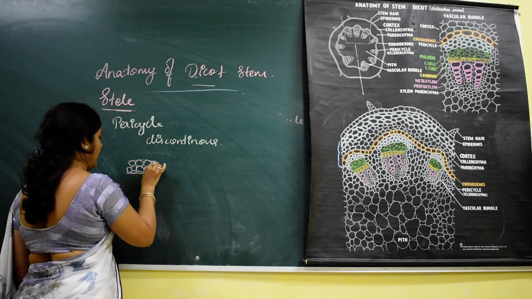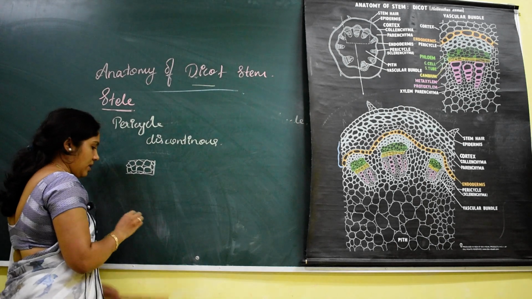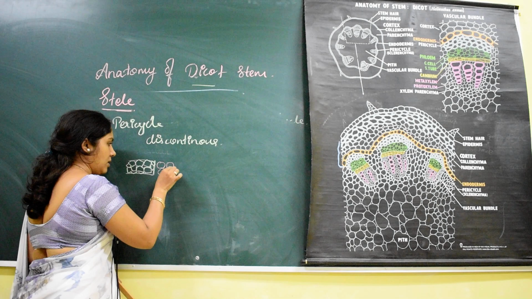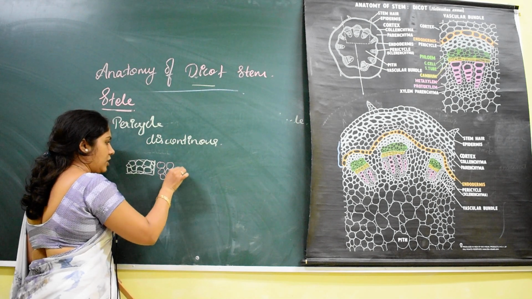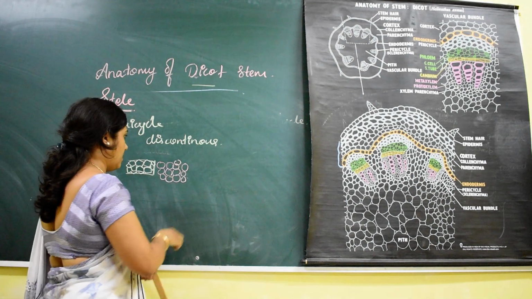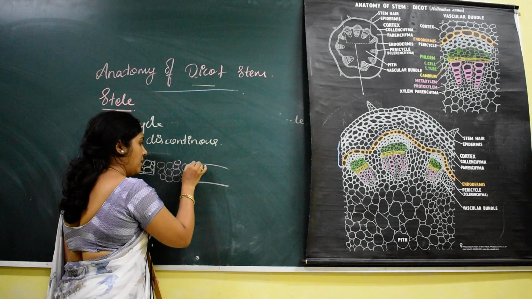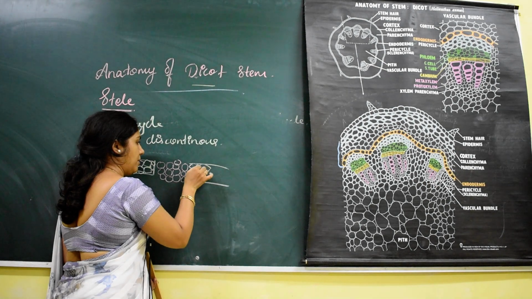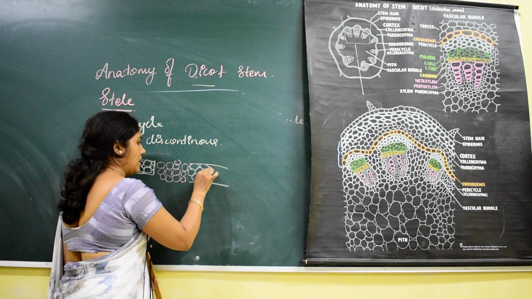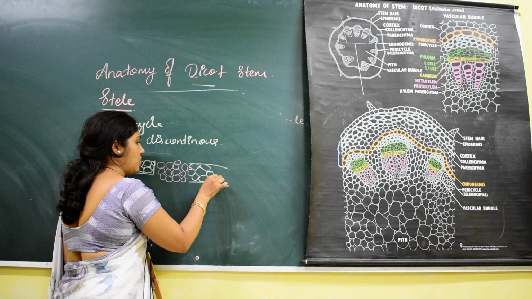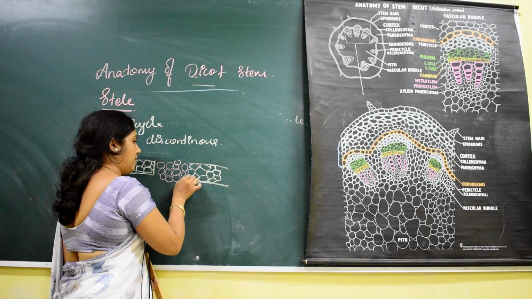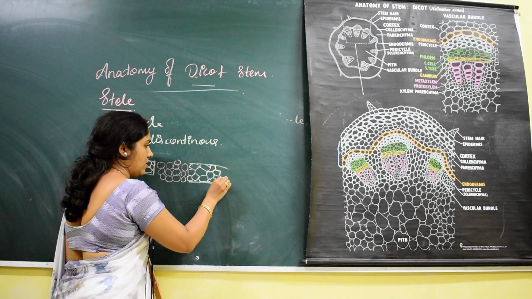It is a simple permanent tissue, but it is dead. Next comes the parenchyma tissue. Next again comes a patch of sclerenchyma. When we draw the sclerenchyma, draw it somewhat in a pentagon or hexagon shape, which shows the edges or possesses corners.